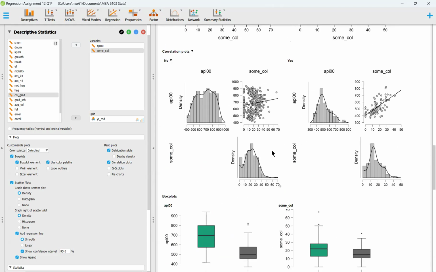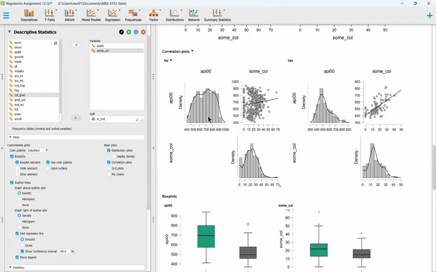Correlation plots. This indicates the scores in general, the average scores of all the people that participated in the survey.